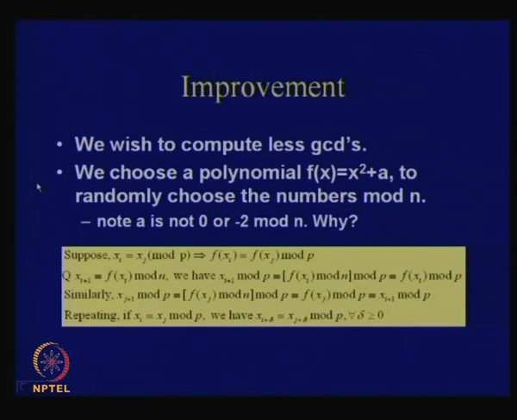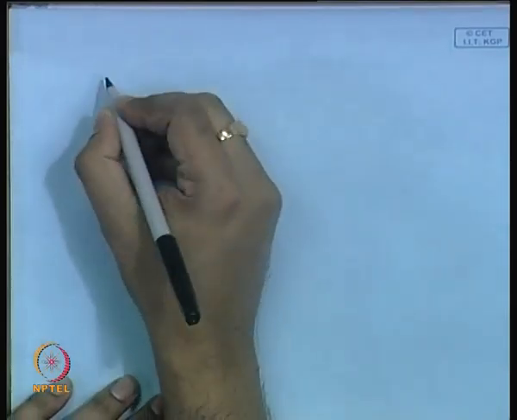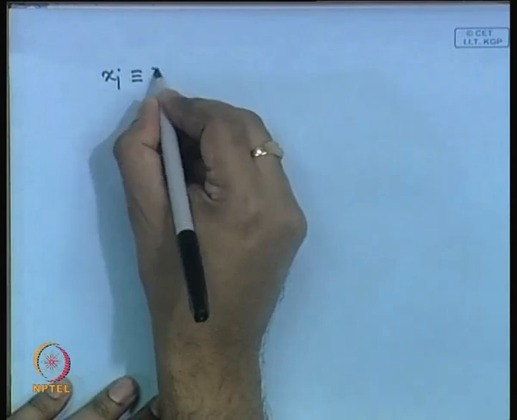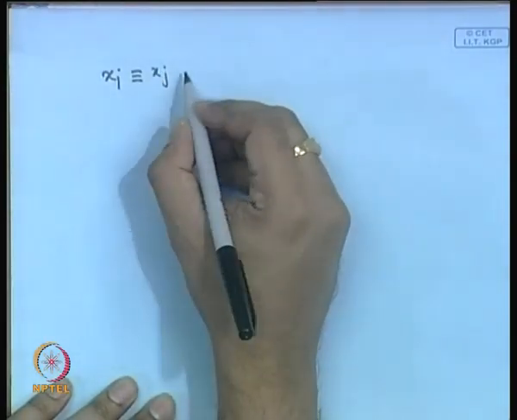So, the main idea of the Pollard rho algorithm is like this. Suppose you choose x_i and x_j which are the same modulo p.